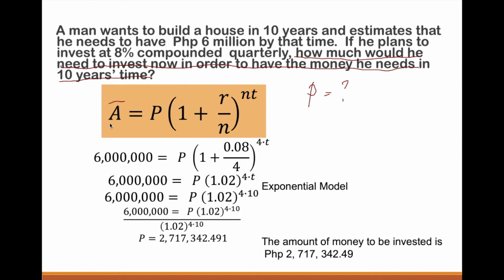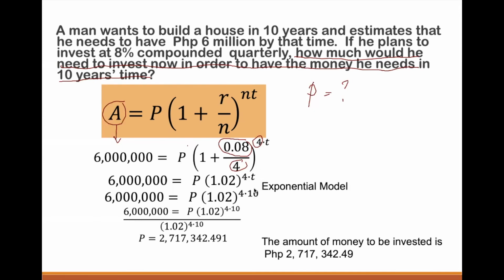So the amount is 6 million. Again, we're looking for P. This is compounded quarterly, that's why it's 4. And then 8%, so you have 0.08. So solving, we have 6 million equals P times 1.02 raised to 4 times t as our exponential model.